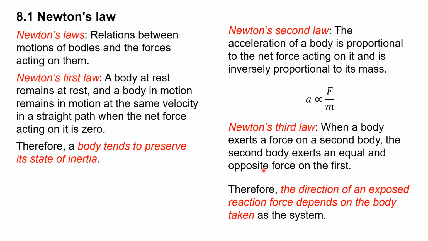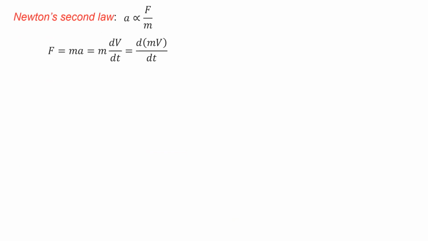Basically, when you apply a force, there will be an equal amount of force from the opposite direction. Every action has a reaction. That is what Newton's third law is saying. So this is a summary of Newton's laws.